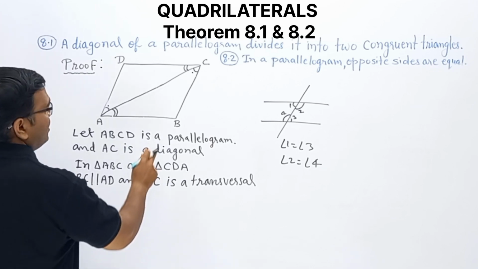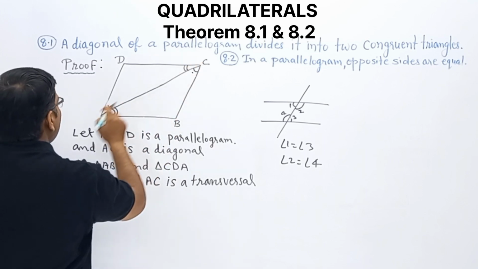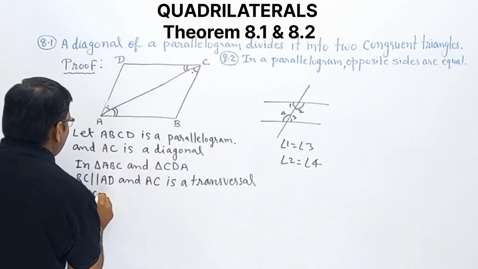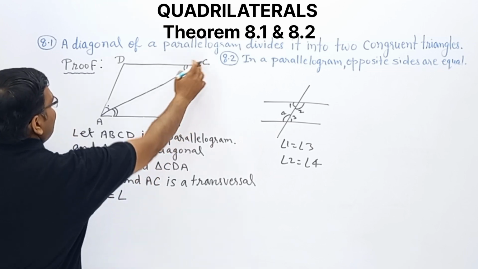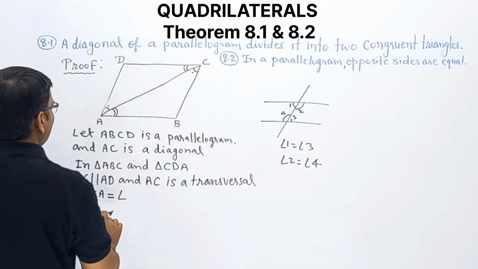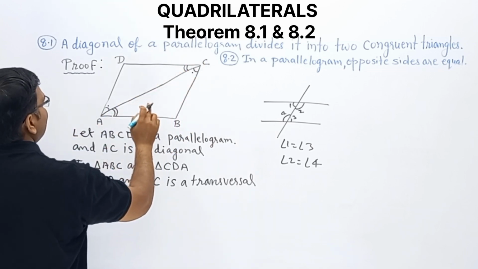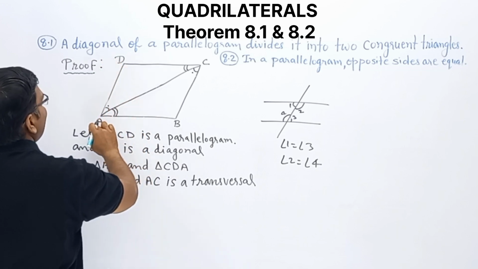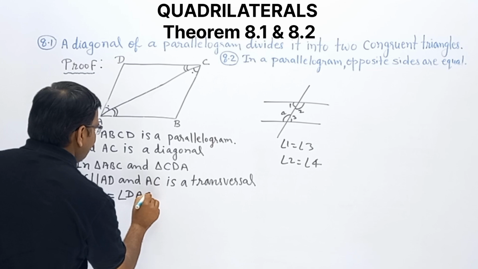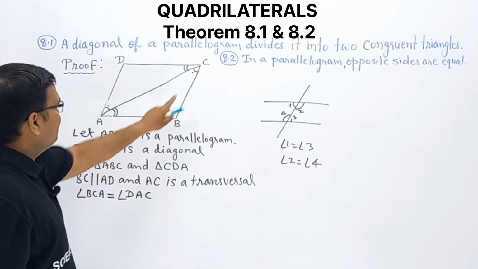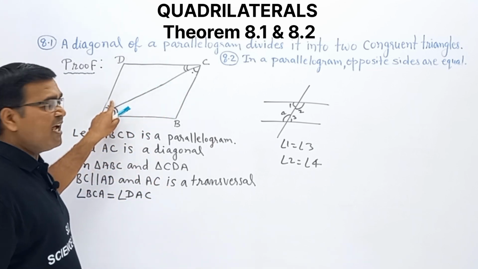Angle BCA equals angle DAC. This angle equals this one. Why?